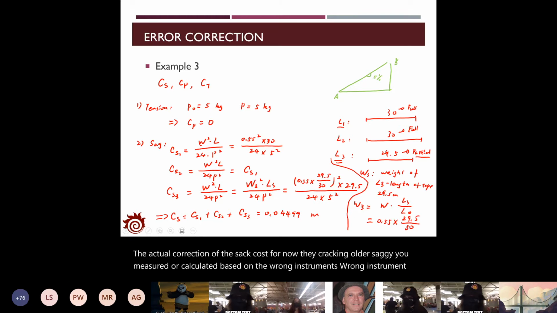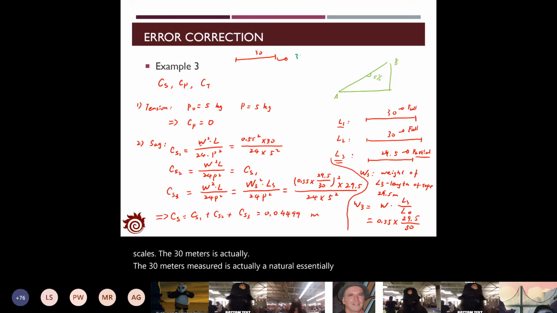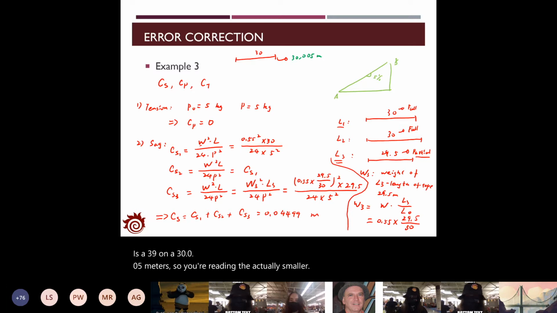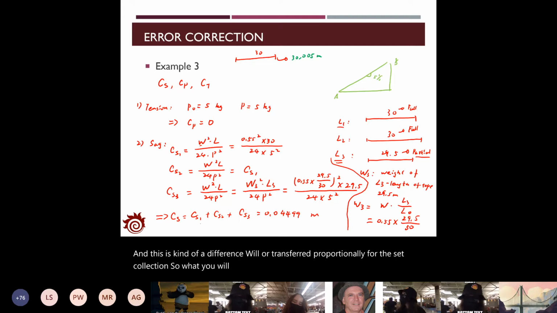The 30 meters measured is actually the true distance you measured, which is 30.005 meters. So your reading is actually smaller, and this kind of difference will be transferred proportionally to the sag correction. So what will you find about the true sag correction?